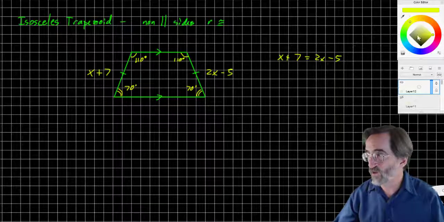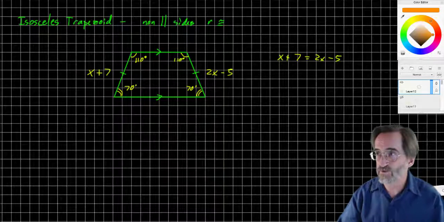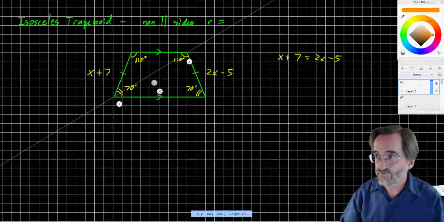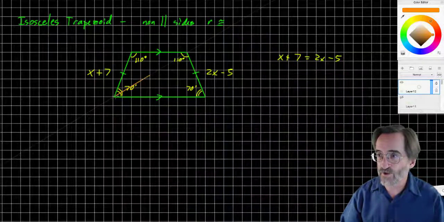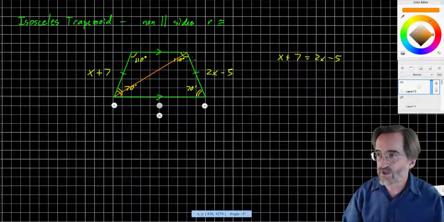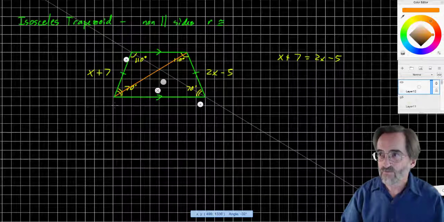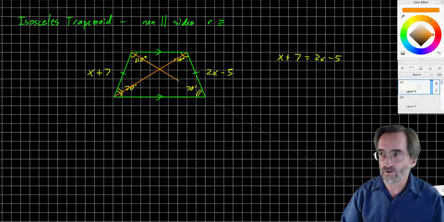And there's one more property of an isosceles trapezoid that's worth mentioning too, and that is the diagonals of an isosceles trapezoid are congruent. Now you might be thinking, wait a minute, that's the property of a rectangle. Okay, but a rectangle is also a parallelogram.